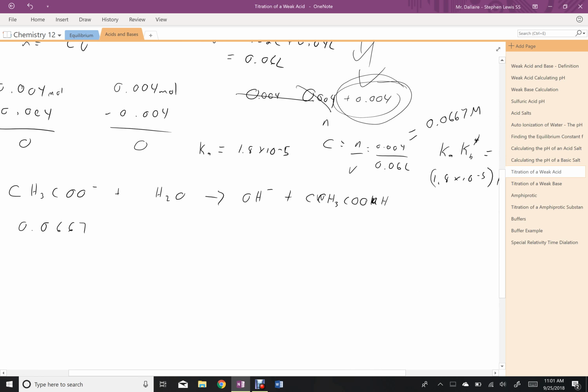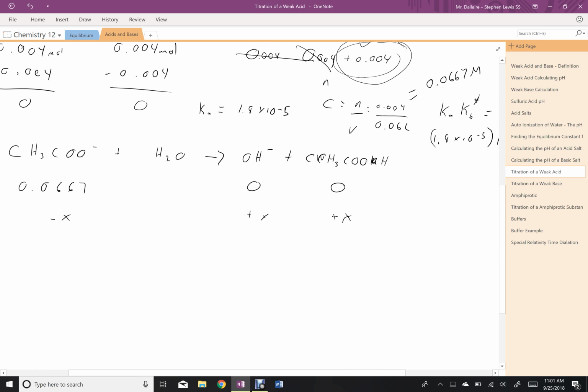I'm going to assume I have none of the products initially, and because that was at equivalence, all of this is used up, so it's easy to predict the direction of my equilibrium shift. And so at equilibrium, 0.0667 minus x, and x.